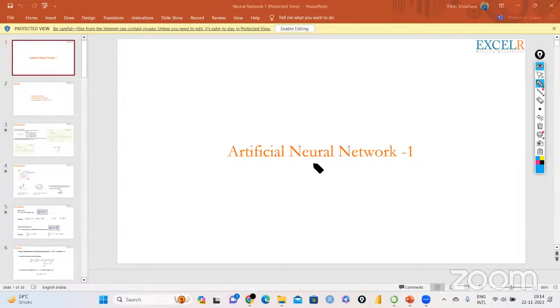Today we are going to understand how the backend calculation happens when you are designing any kind of neural network architecture: how the calculation or information flows from input layer to output layer, and how the optimizer will optimize the weights so that the error gets reduced. This is the agenda for today's session. Once we complete this backend calculation and processing, we will also introduce the things related to RNN.